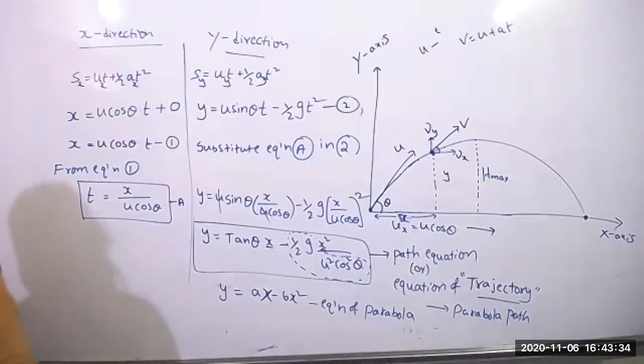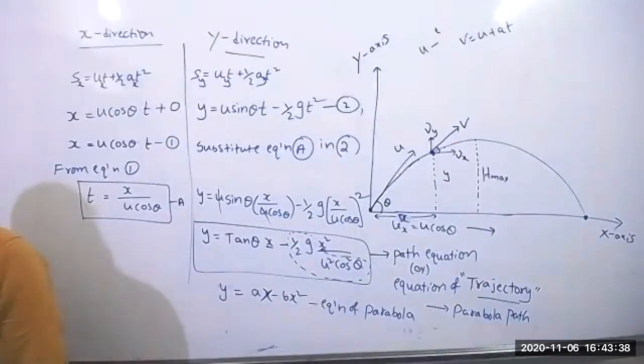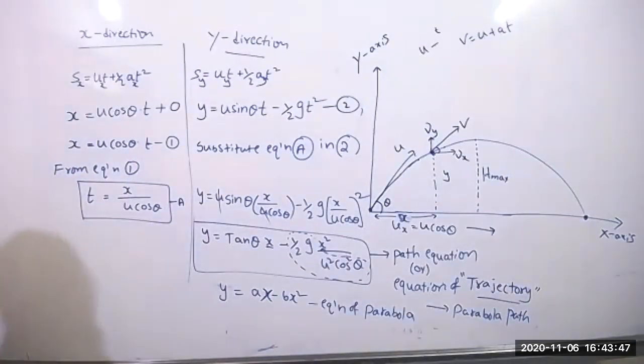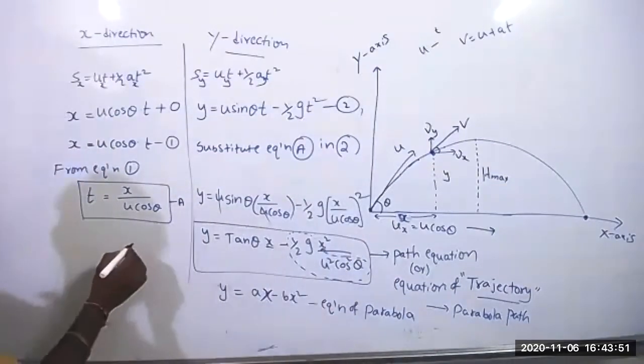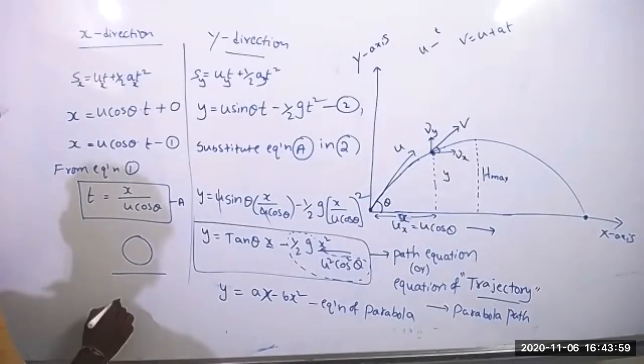Now in two-dimensional motion, what is the path of this? What is the name of this path? Parabola. So what is a parabola? This path is called a parabola. See, if you see a circle, right? If you see a straight line, right? It is curved, okay?